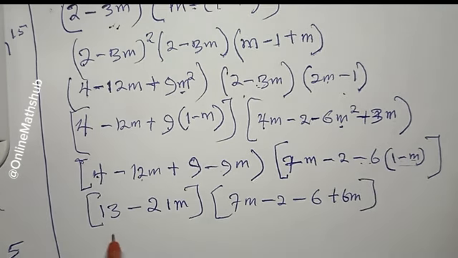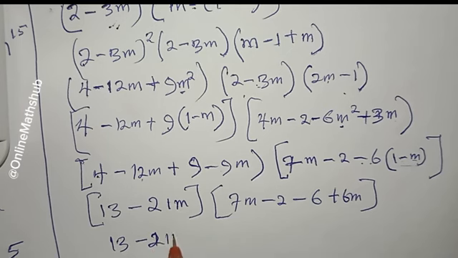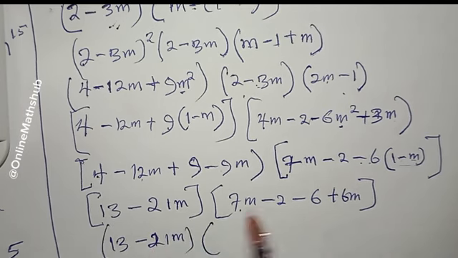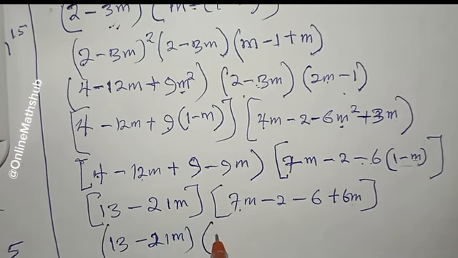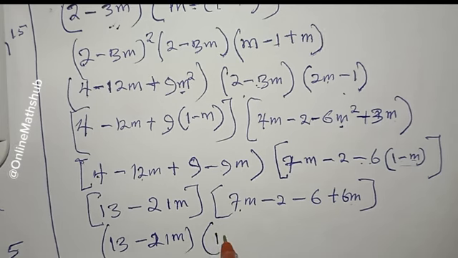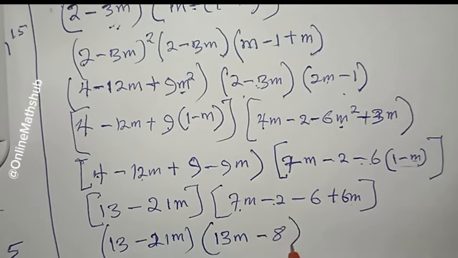Okay, so that if we continue, this is 13 minus 21m. 7m plus 6m will give us 13m. Okay, and then minus 2 minus 6, that's going to be minus 8.